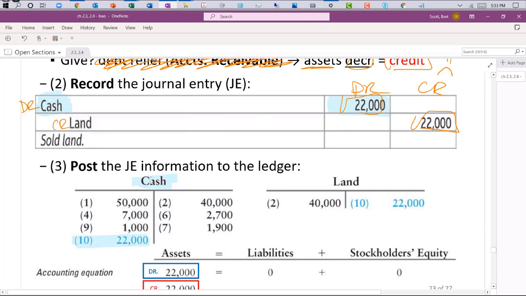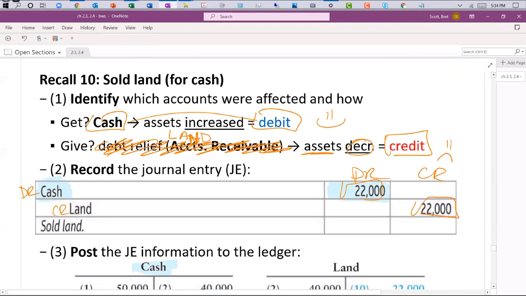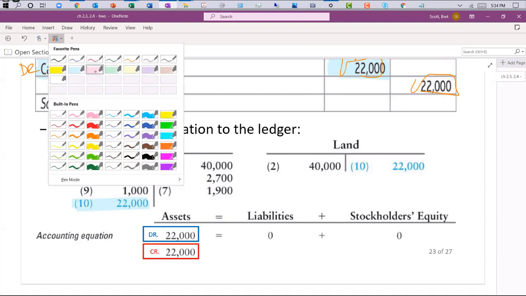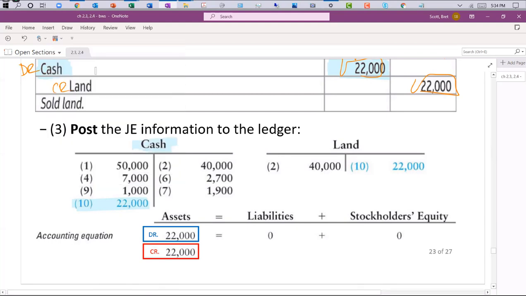Does that make sense based on what we see up above in the analysis? That's what happened. Does it make sense for every debit we have to do a credit? Does it make sense that we credit the land account? You may not feel very comfortable about this, but just follow the rules and have a little faith that it will all work out. Credit land 22,000.